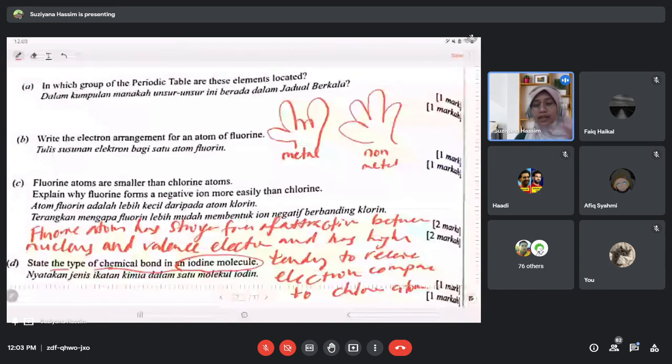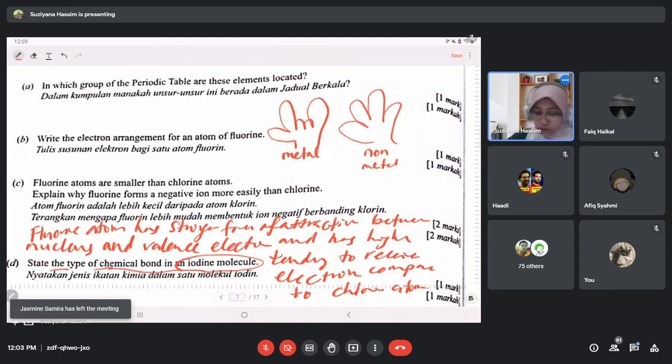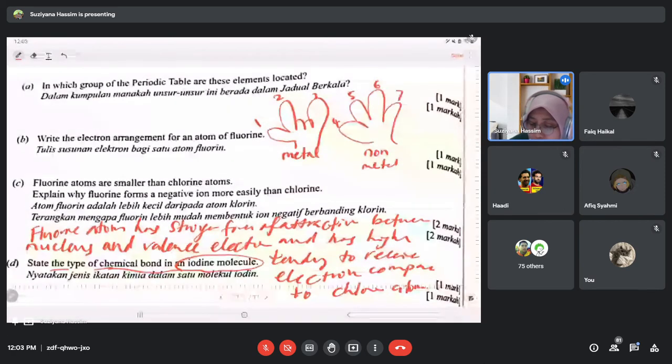Ini 1, 2, 3 valence electron. 4, 5, 6, 7 valence electron. Ini valence electron we're talking. If one from here, one from this group element and another one from this group, it form ionic.